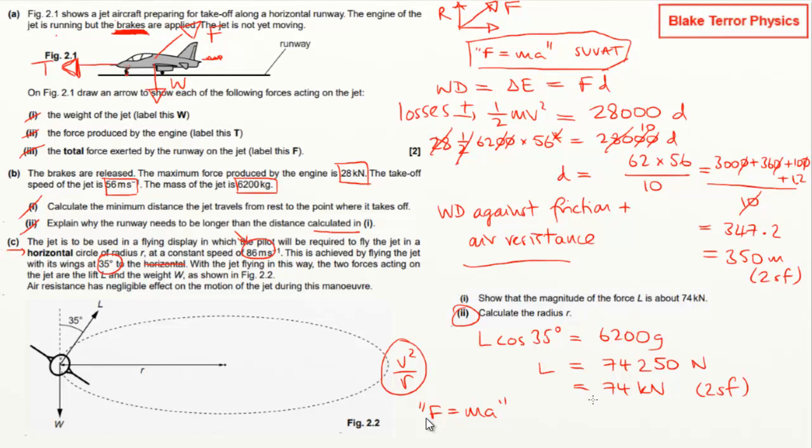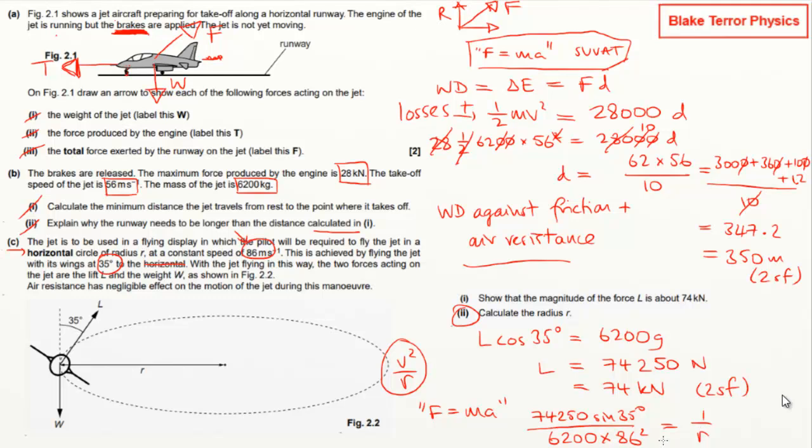So we've got that 74,250 sine 35 degrees, that's our F. We need to divide that by our mass, 6200, divide that by our v squared, so 86 squared, and that is 1 over r, so we just have to take the reciprocal with that at the end.